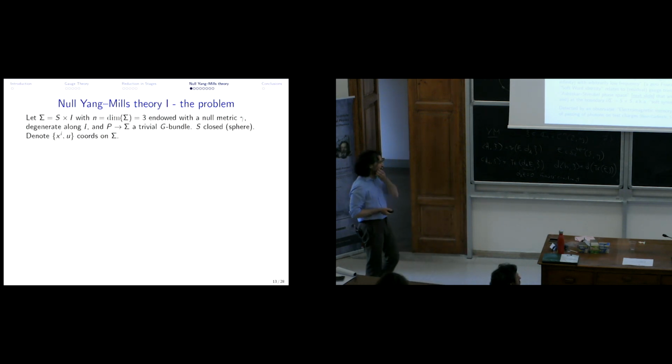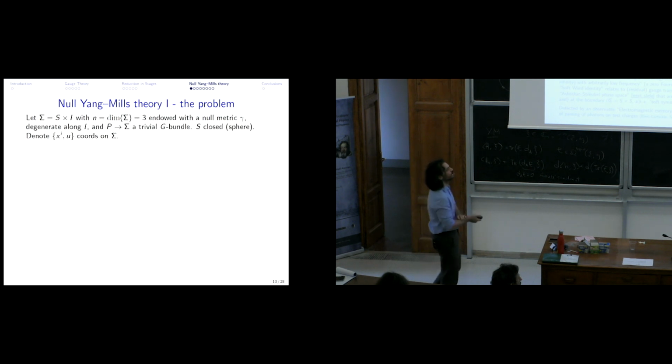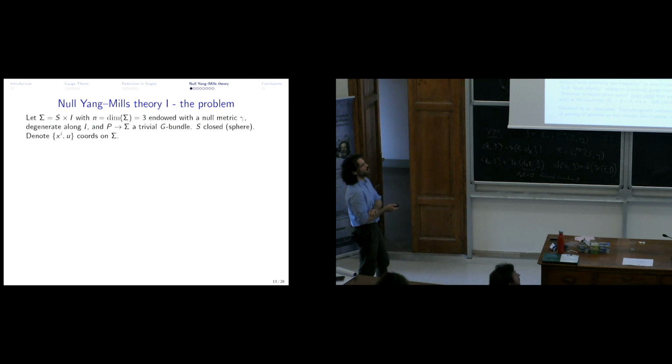So I want to apply the previous procedure to Yang-Mills theory, but in a particular way. I want to consider a manifold sigma, which is again a finite cylinder, which is endowed with a null metric. Okay, so on sigma, I have a metric with a degenerate direction along I, along this interval.